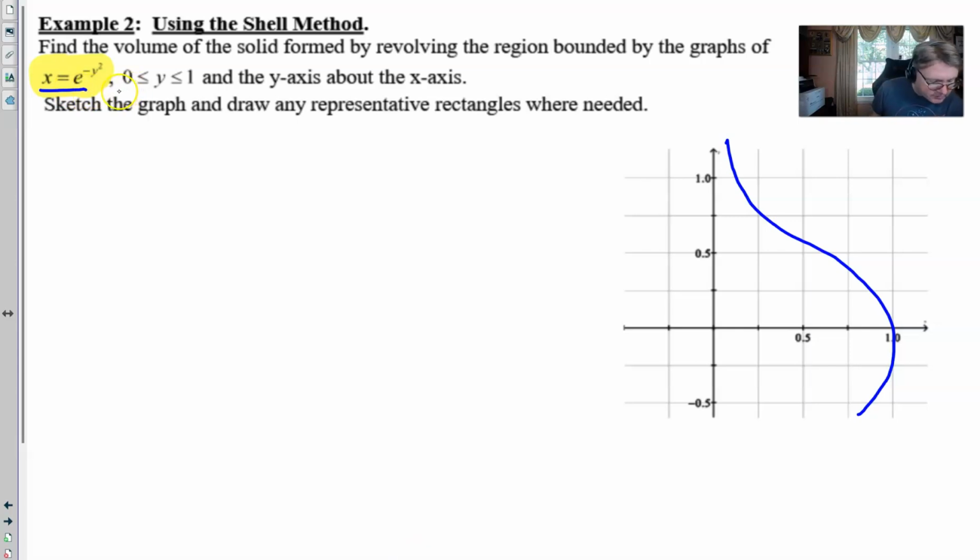Now I'm going to go ahead and graph these other equations. The y equals 0, well, that's just the x-axis, which is kind of playing double role because I am using the x-axis as a boundary. And then if I graph y equals 1, that's up here, the horizontal line. And then of course the y-axis, I'm going to throw that here in purple.